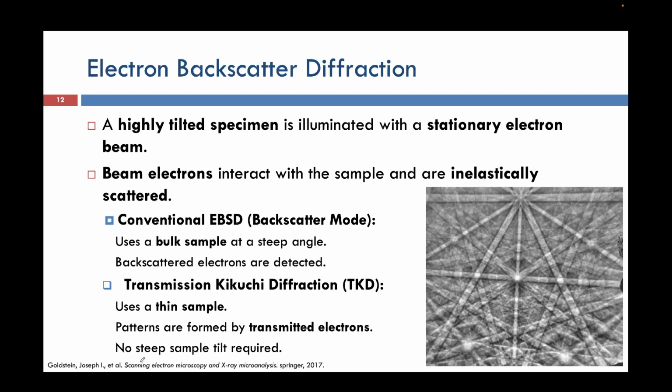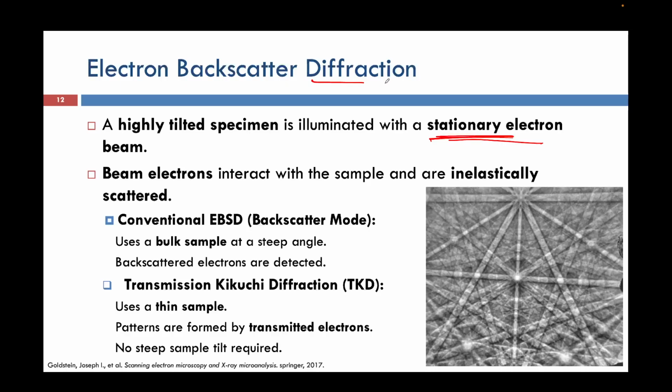Okay, and here we will see how electron backscatter diffraction takes place. Here a highly tilted specimen is illuminated with a stationary electron beam. Remember, the beam does not move; we do not scan the beam like we do for an image. We rather keep the beam stationary and tilt the specimen at very small angles to view the different diffraction that is happening.